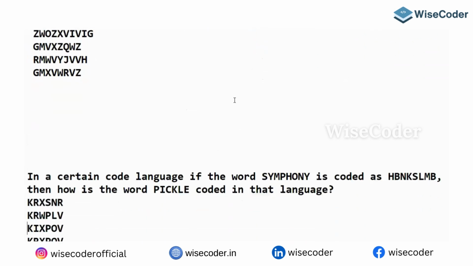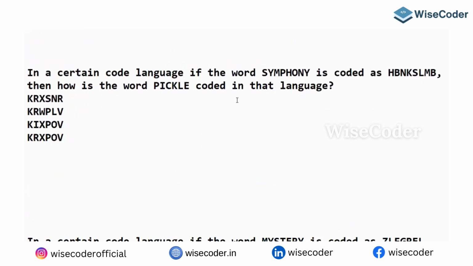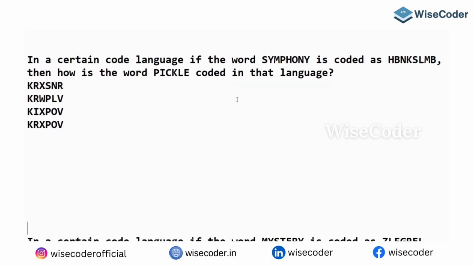In a certain code language, symphony is coded as H B N K S L M B. Please write down the question, everybody.